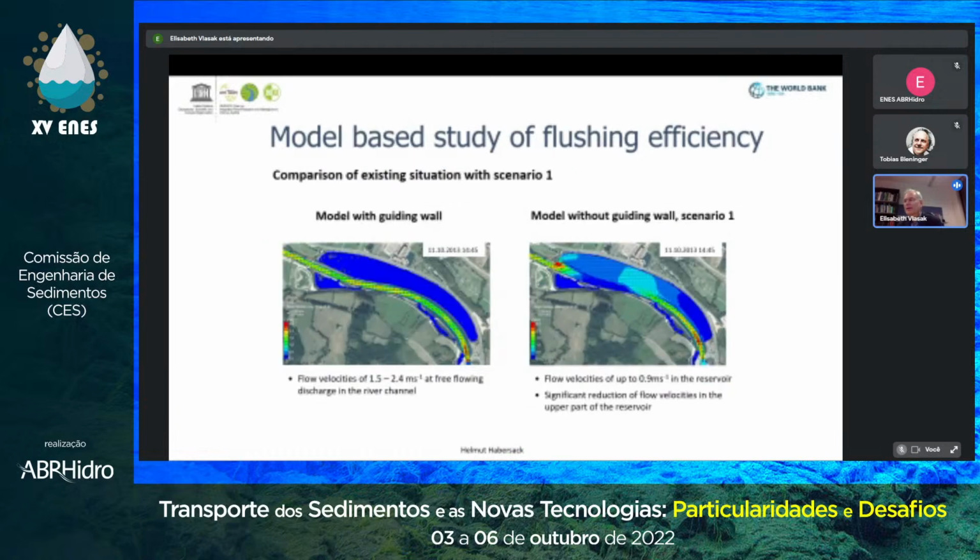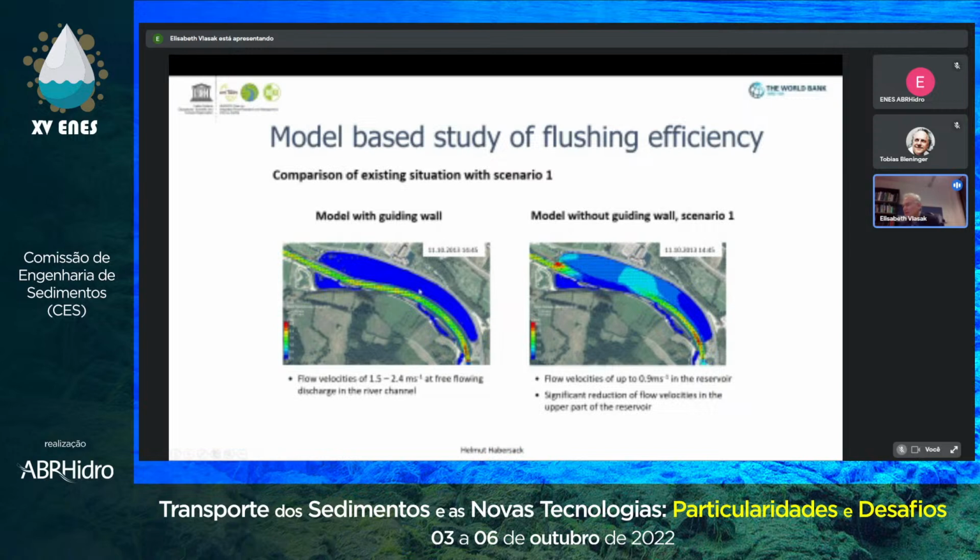That's not important to go through, I think, because it's more or less a similar situation, just comparing with the guiding wall and without the guiding wall, and you see the difference yourself. If you do not have the guiding wall, you have a breakdown with only 0.6 or 1 newtons per square meter shear stress, and so all the coarse material is also sedimenting here, and you would not want this.